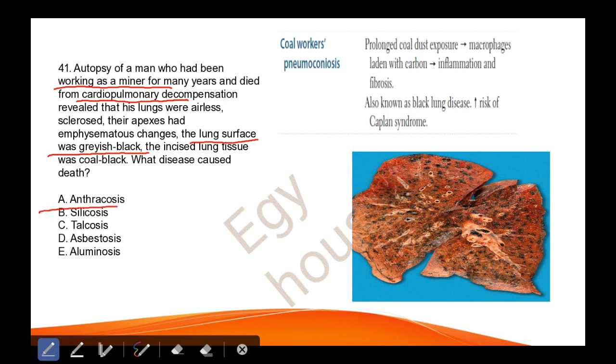This is anthracosis, and I don't want you to confuse it with anthrax or Bacillus anthracis. It has nothing to do with it. The etiology of this disease is different from the previous one, and this is not a bacterial disease. In anthracosis, we have accumulation of coal dust in the lung tissue.